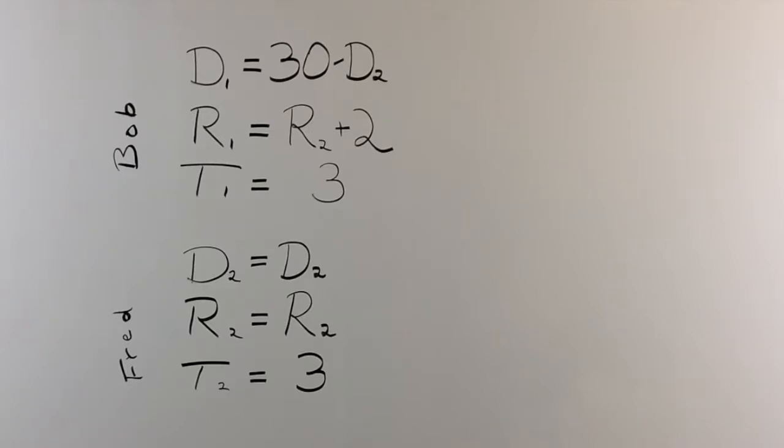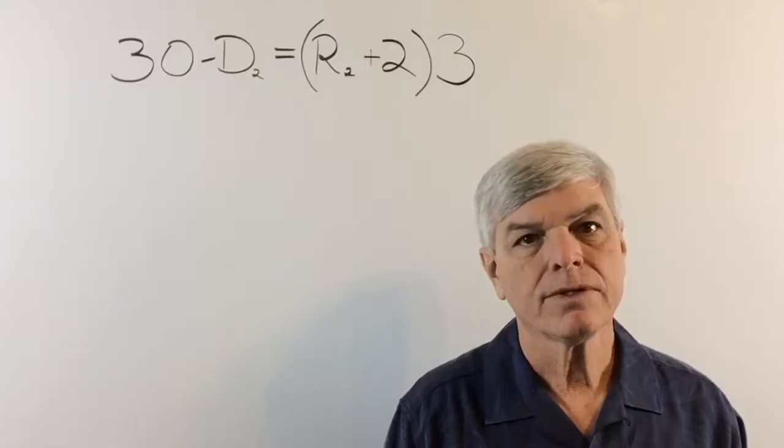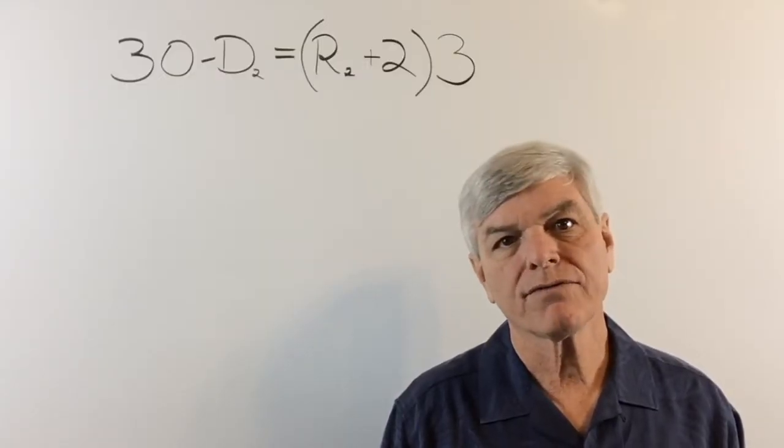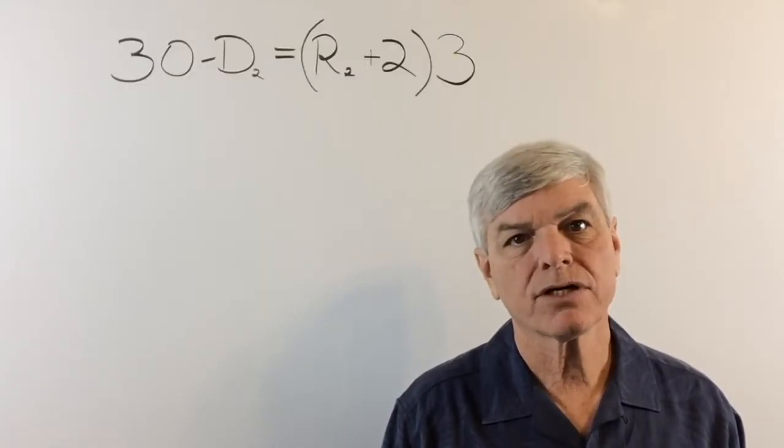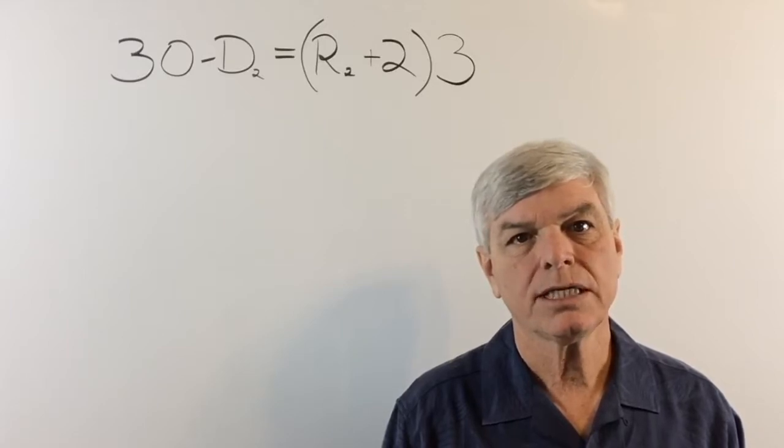And that's going to equal R2 plus 2 times 3. Now, since we're multiplying 3 times R1, that is R2 plus 2, let's put that in parentheses. So there you go. There's our first formula for our first object in motion.